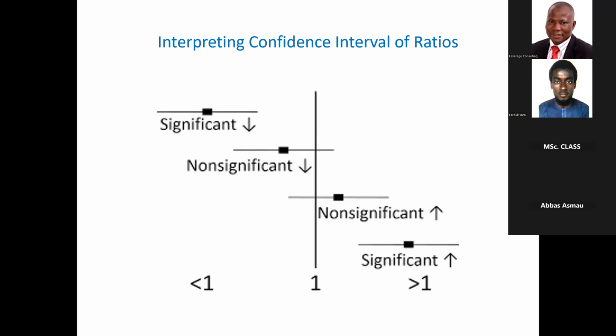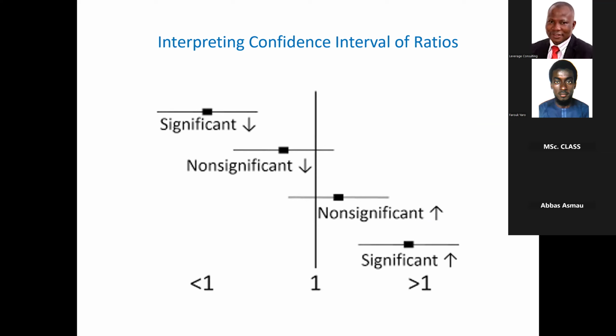So let me explain the significance interpretation here. Let's say that the vertical line is 1. When you give a confidence interval, the black mark along the horizontal line is the odds ratio.